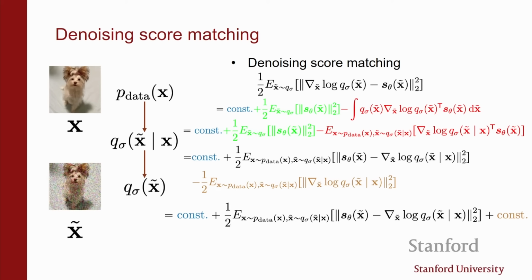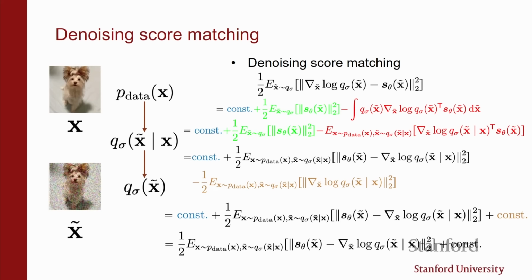So all in all, what we've shown is that if you want to estimate the score of the Q sigma, the noise perturbed data density, it's basically equivalent to trying to estimate the score of this transition kernel, this Gaussian density that we use to add noise across different x's and different x tildes that are sampled from the noise distribution.